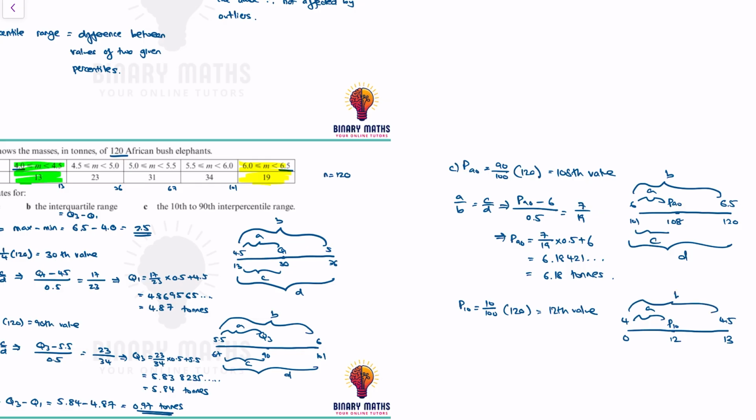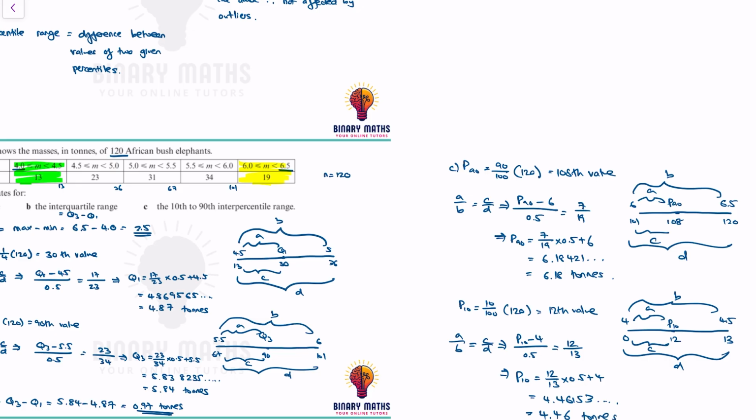So A over B is equal to C over D, which implies P10 minus 4 over 4.5 take away 4, which is 0.5, is equal to 12 over 13. That implies P10 is equal to 12 over 13 times 0.5 plus 4, which is equal to 4.46153, which is 4.46 tons.